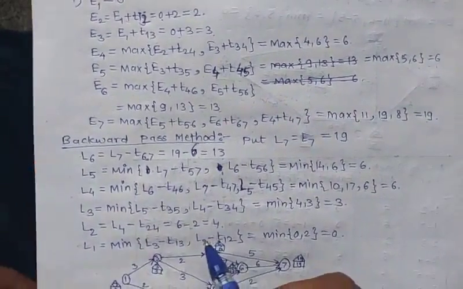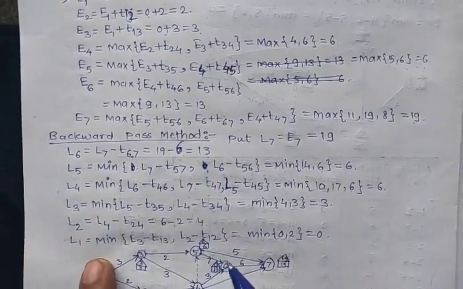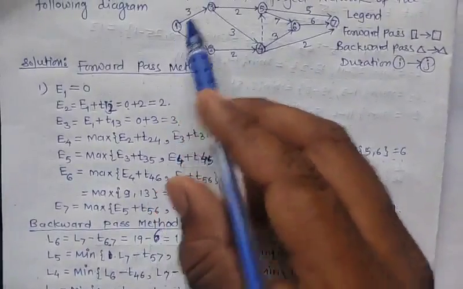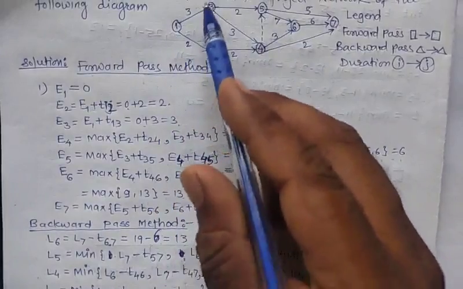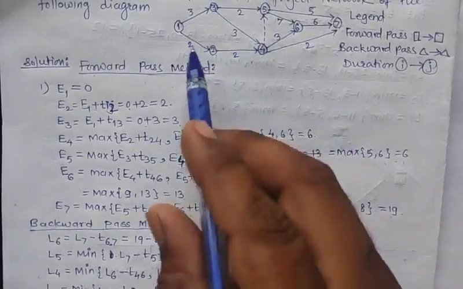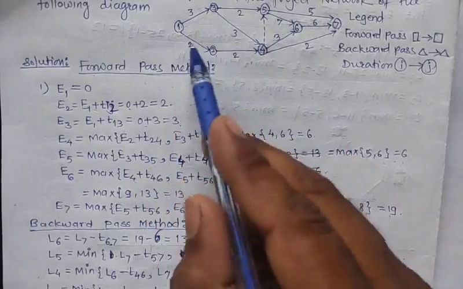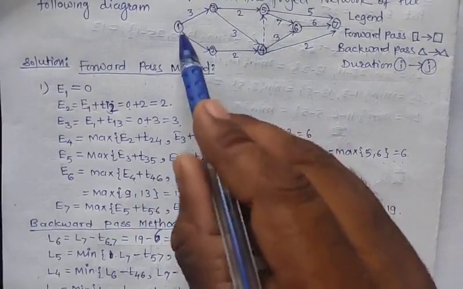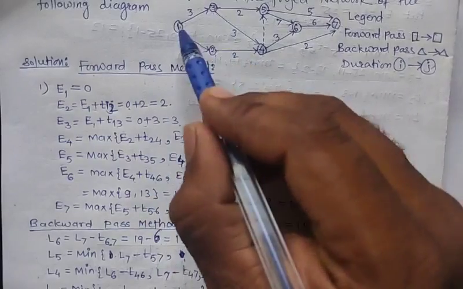And next calculate L1. From L1 we have two outgoing arrows, to the second and third events. We get the formula by taking the minimum between these two: L1 is equal to the minimum of L2 minus T12 and L3 minus T13.